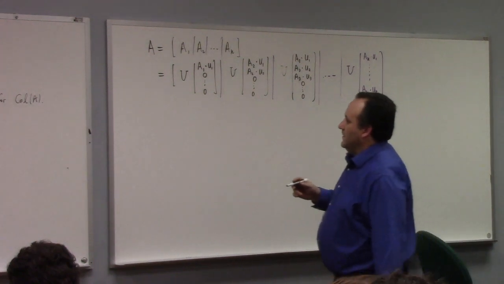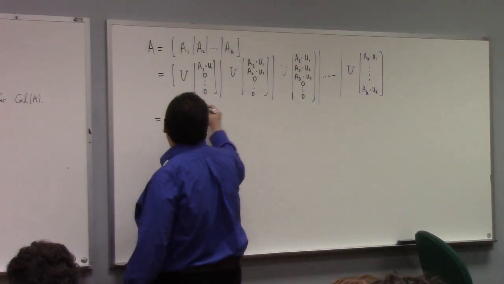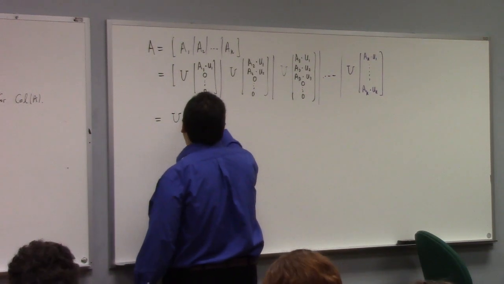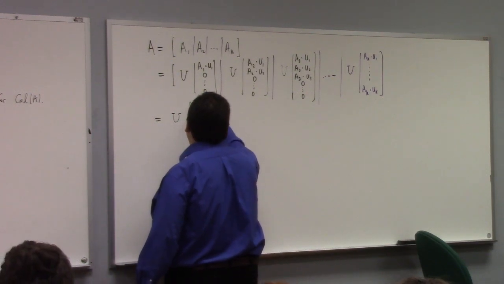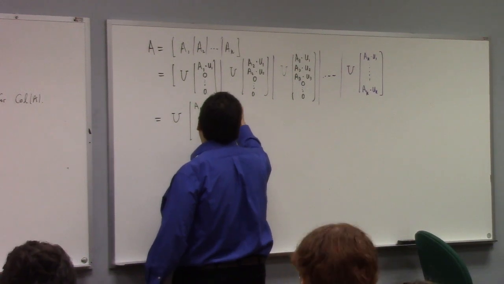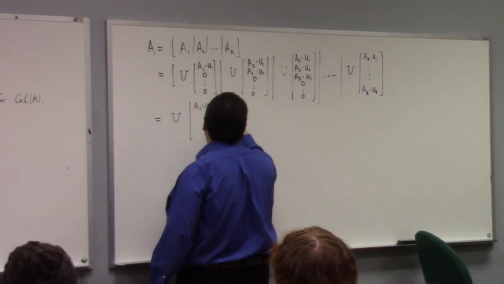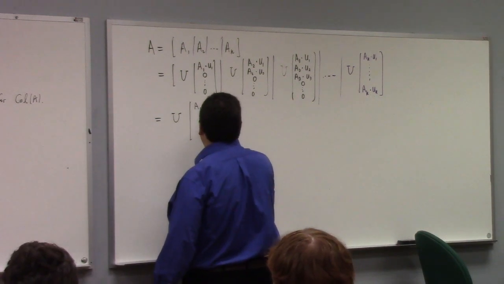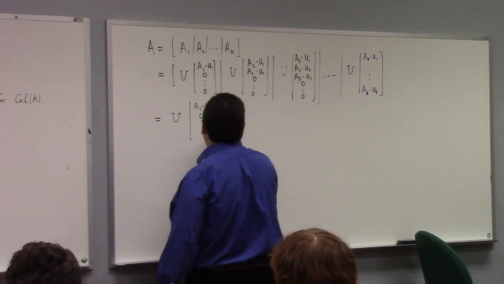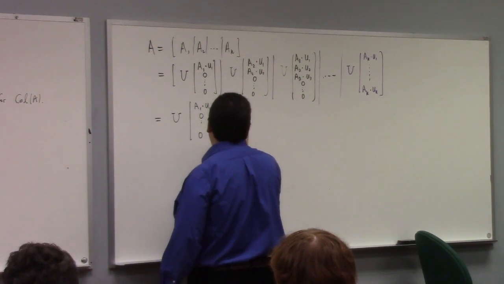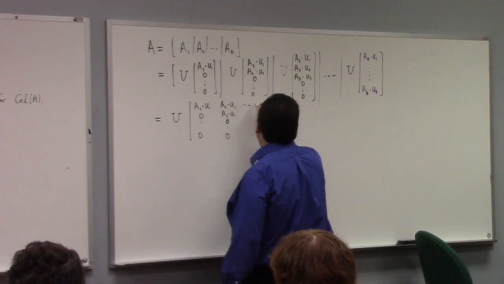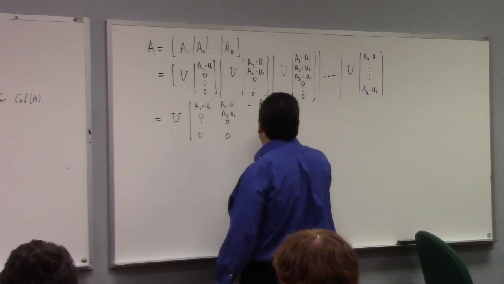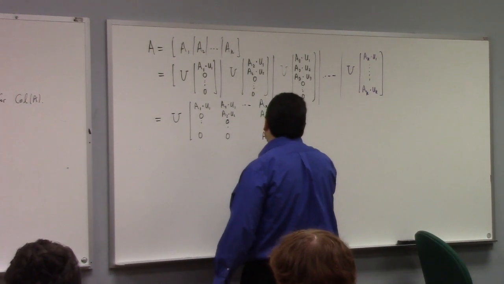All right, we can factor the U out. And then we've got A1 dot U1, and then A2 dot U1, A2 dot U2, and so forth, and then zeros, down to AK dot U1, AK dot U2, AK dot UK.